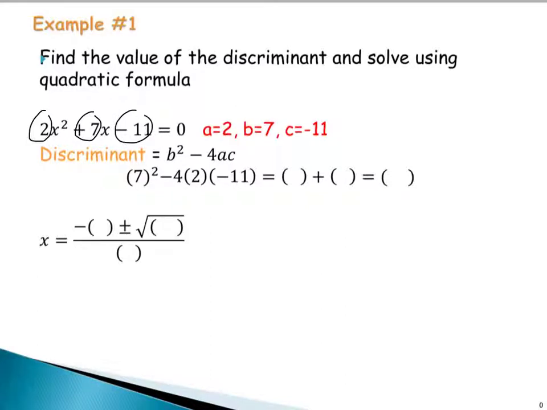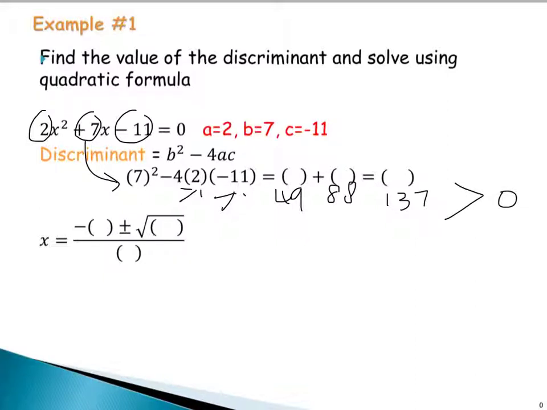The discriminant b squared minus 4ac will be 7 squared minus 4 times a times c. What will be the number? 49 plus, negative becomes plus, 88. It becomes 137.